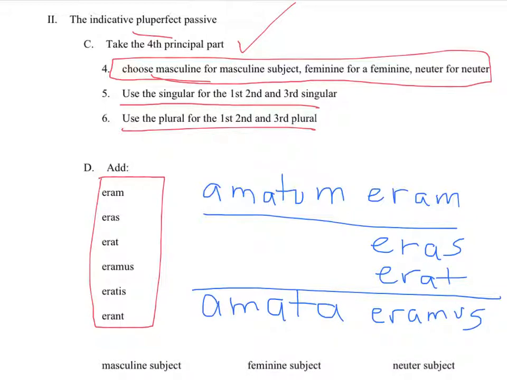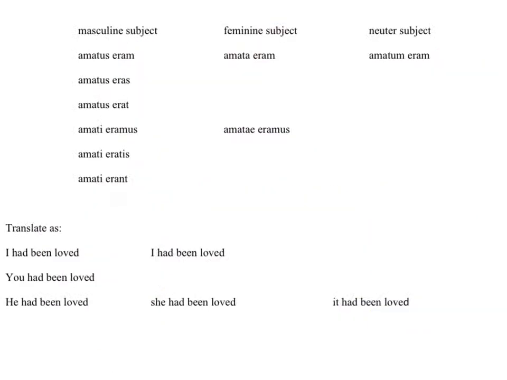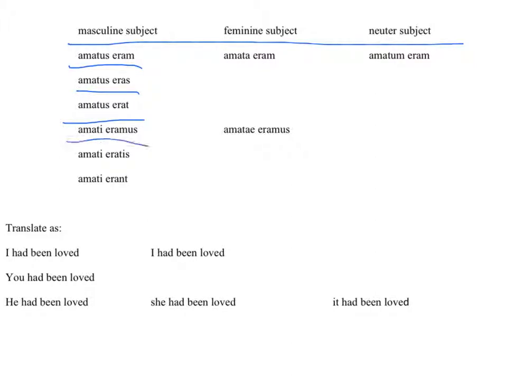That's the indicative pluperfect passive. Here's the way it would look for a masculine, feminine, or neuter subject. Masculine, amatus eram, amatus eras, amatus erat, amati eramus, amati eratis, amati erant.